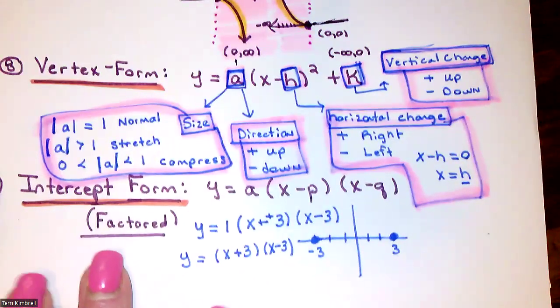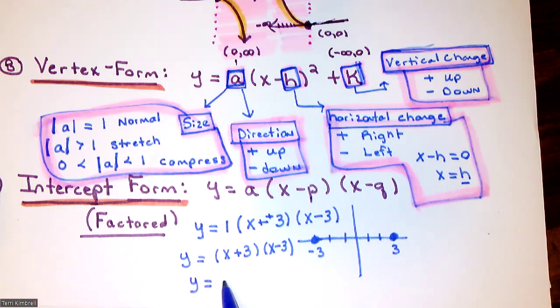So you can notice here, if I wanted to go from factored to standard, I would FOIL this. So I would get x squared. The outside and inside are going to cancel. So it would be y equals x squared minus 9.